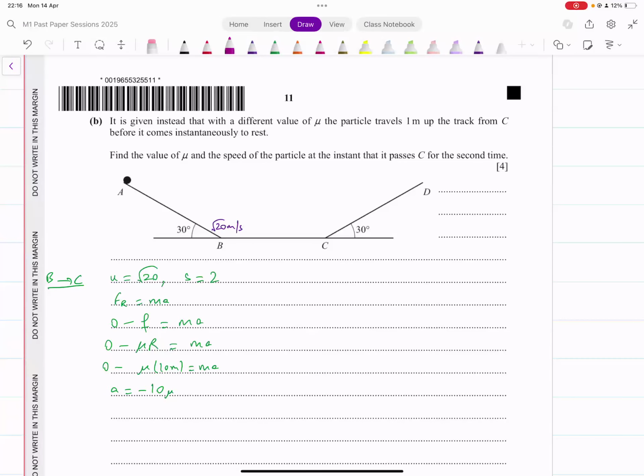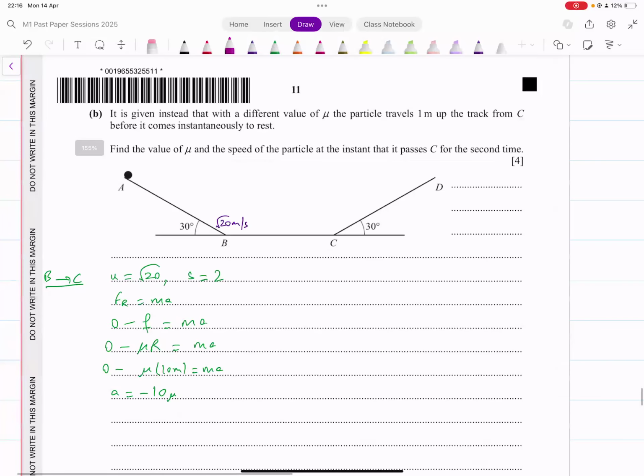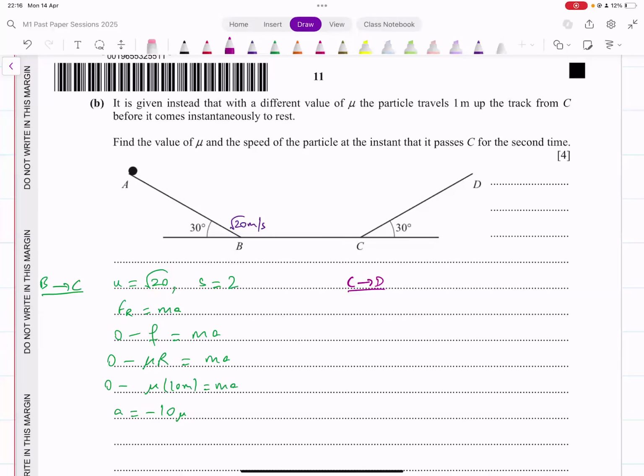For this point, let's call it x, from C to x, we know that the displacement is 1 meter, right?